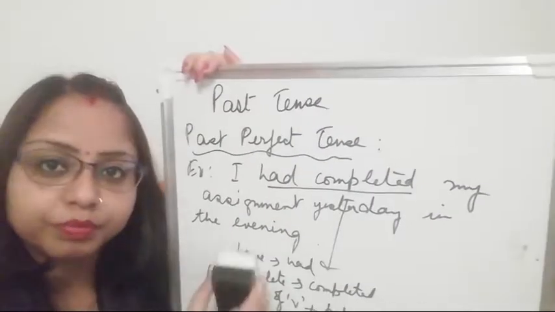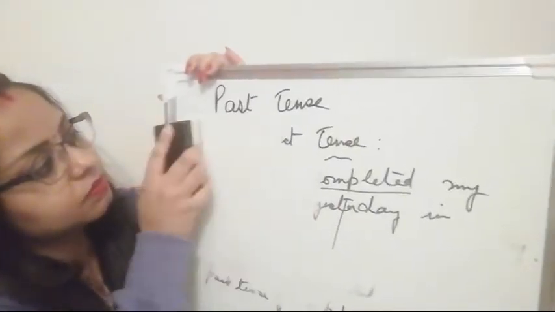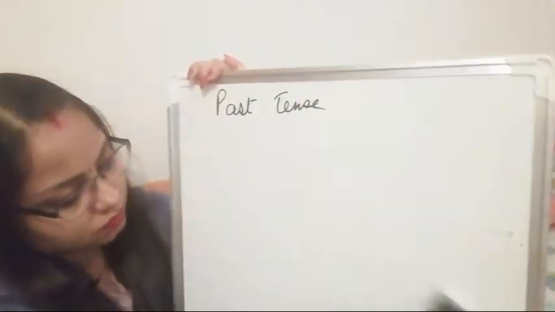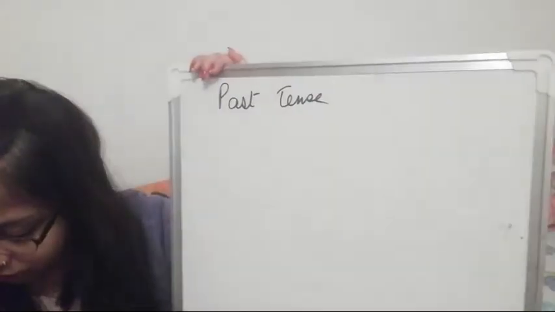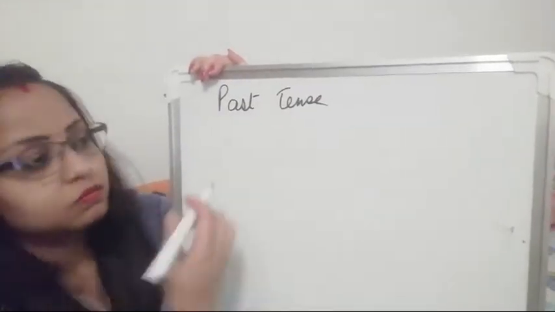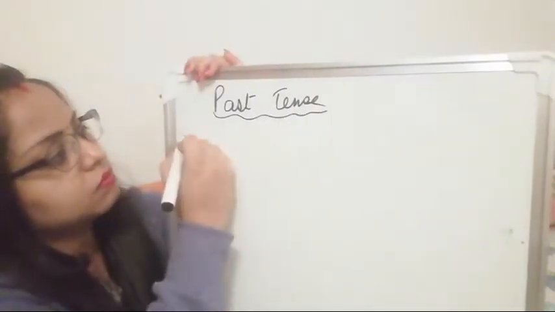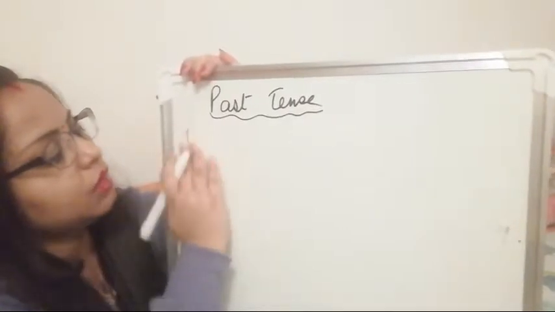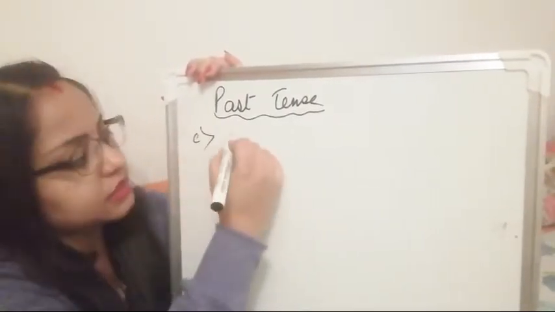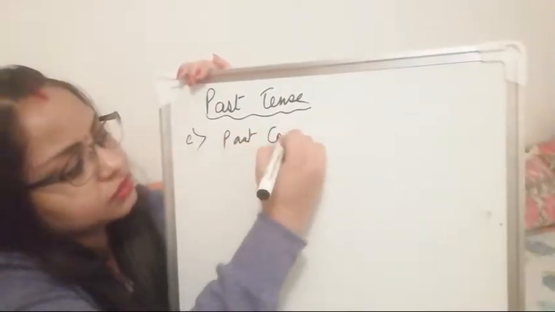Now let's move on to past continuous. The third subcategory of past tenses is past continuous.